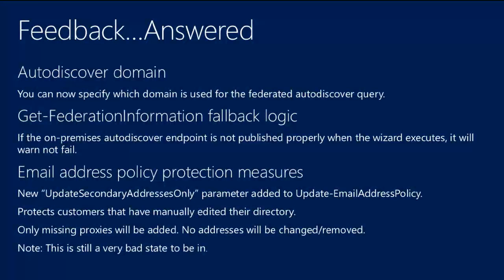The other piece of feedback was if I don't have my auto-discover published correctly, or there's some other issue around DNS, around infrastructure, and I run the federation and the hybrid configuration wizard, in the previous version, if things were not configured to work, it would simply fail.